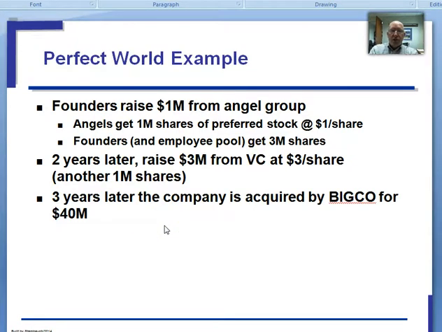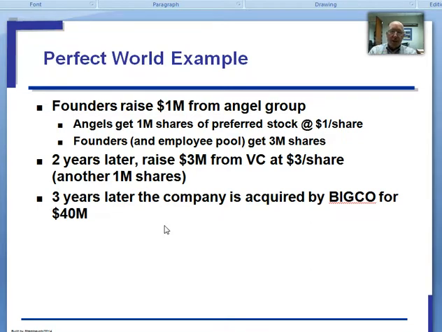We're going to assume that the founders go to an angel group and raise $1 million to get their company off the ground in a Series A funding. The angels get 1 million shares of preferred stock, and the capitalization table shows the founders and employee pool for bonuses and all that is 3 million shares. Two years later, the company is doing great.